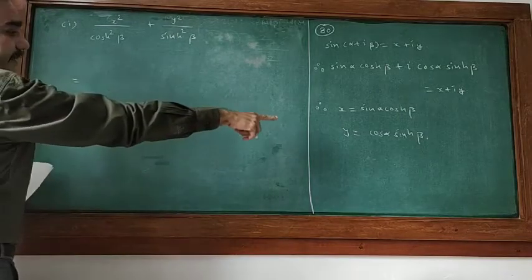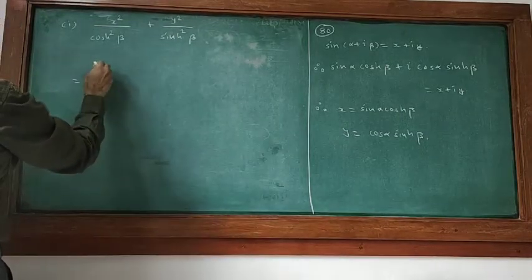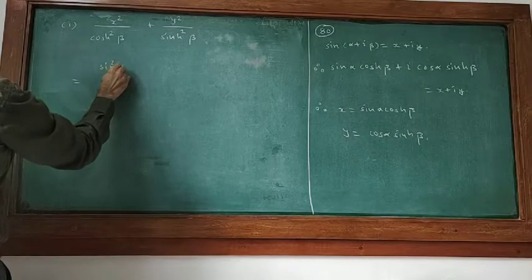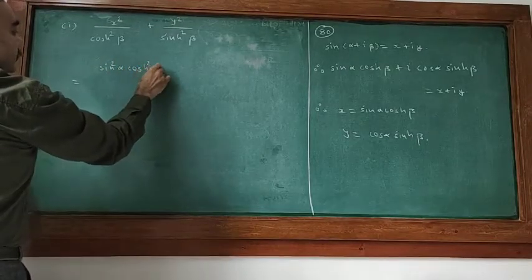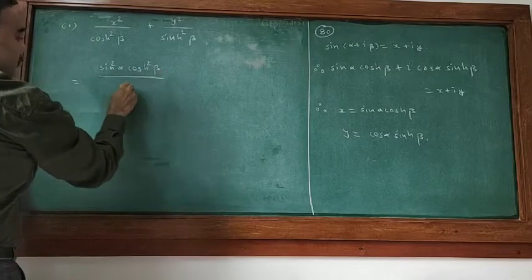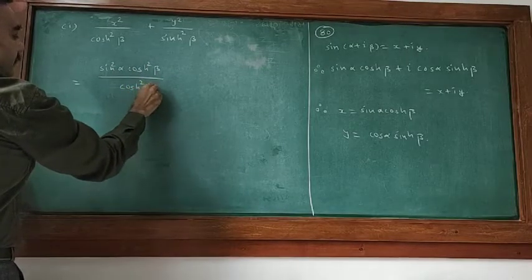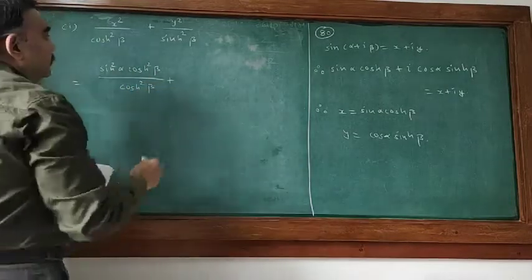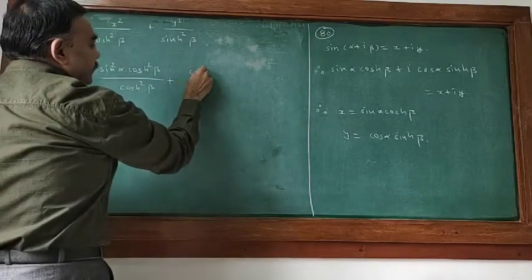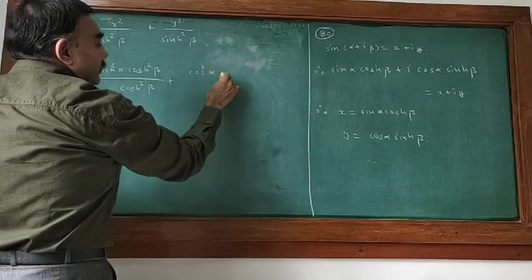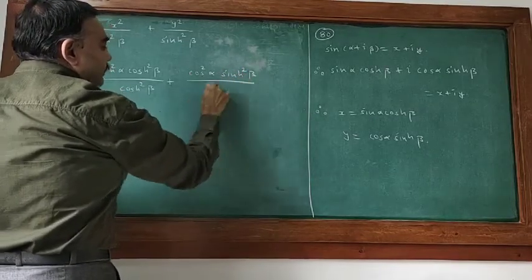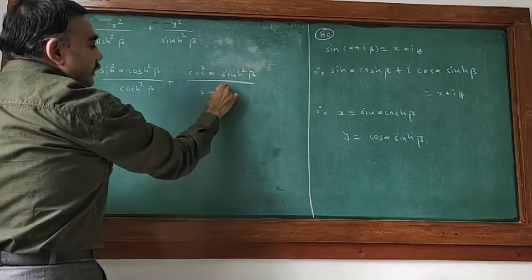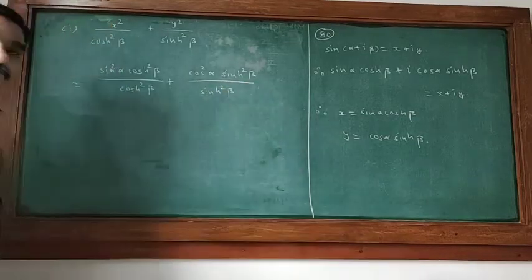The values of x and y are there, so it is sin square alpha cos hyperbolic square beta upon cos hyperbolic square beta plus y square, that is cos square alpha into sin hyperbolic square beta divided by sin hyperbolic square beta.